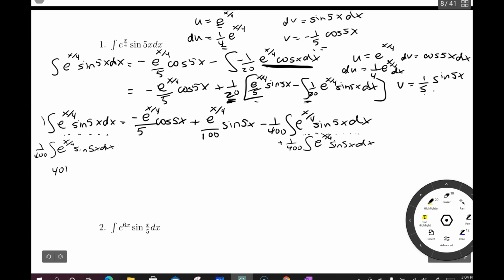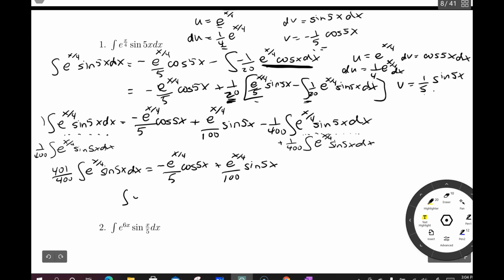So I get a 401 over 400 e to the x over 4 sine of 5x dx equaling these two first parts. Lots of writing. Keep nice and neat and organized.